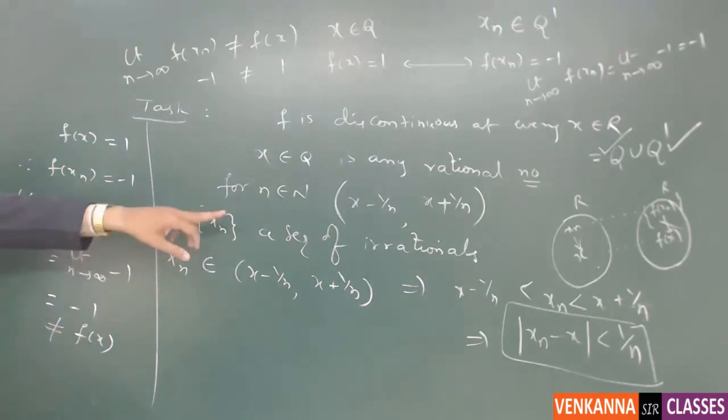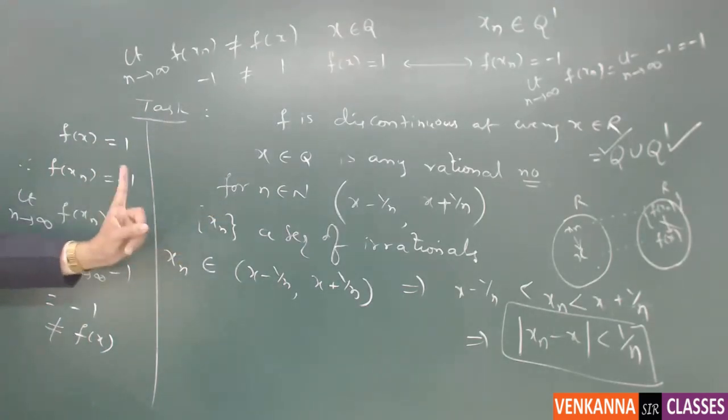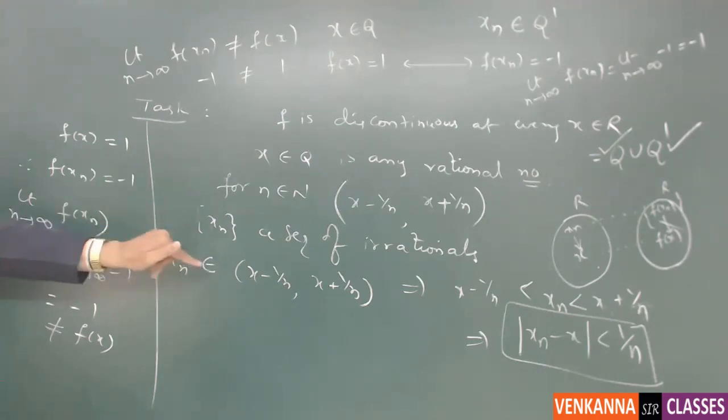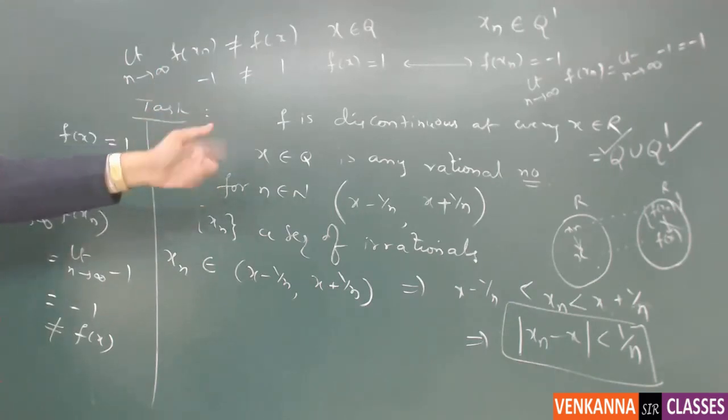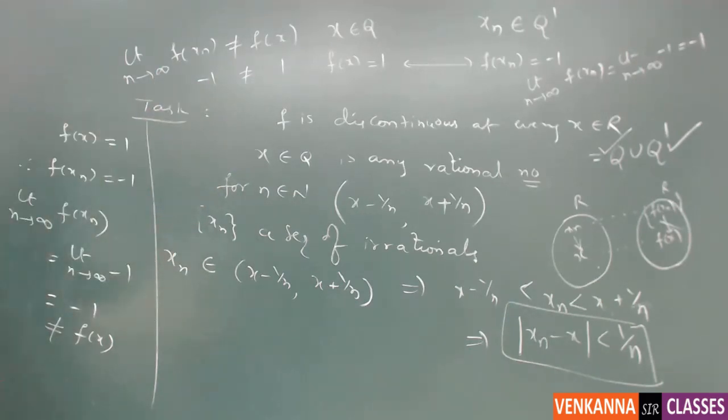So in the domain, I have identified one sequence xn which is converging to x such that the respective image sequence is not converging to the respective image. So by sequence criteria, the function is discontinuous. Okay? Is it clear now? Yes or no?